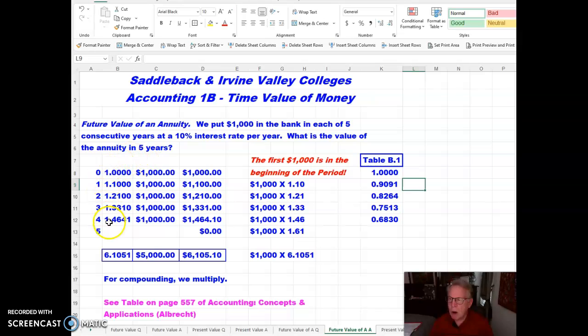We would calculate our factor the same way, except this time we're going to start with period 0. That's the only time we really start with period 0. And that $1,000 today is worth $1,000 that we just put in the bank, right? So we calculate the future value of all those amounts, and we add them all together. Just that easy.